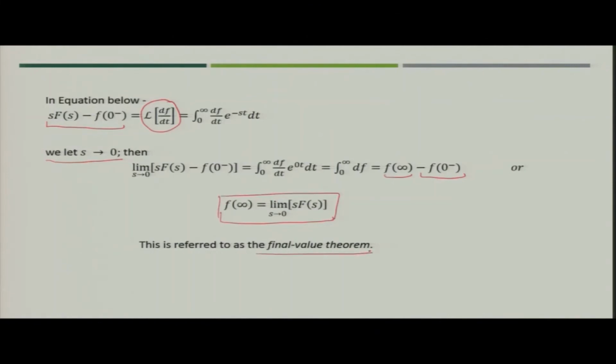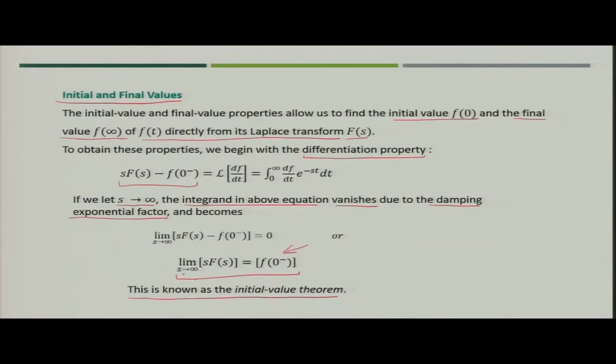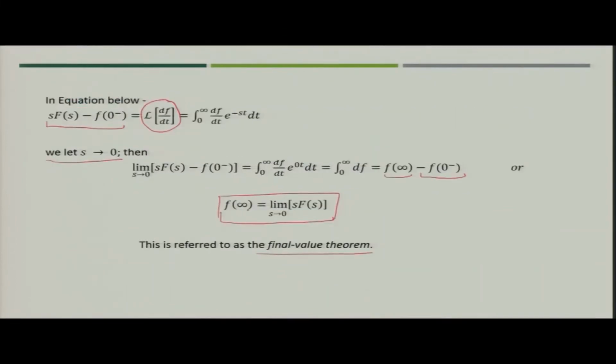So, if you compare both of them, when s tends to infinity, the value of sF(s) will give you the initial value, while in case of the final value f(infinity), the limit s tends to 0 and you will find the value of sF(s) when s tends to 0.